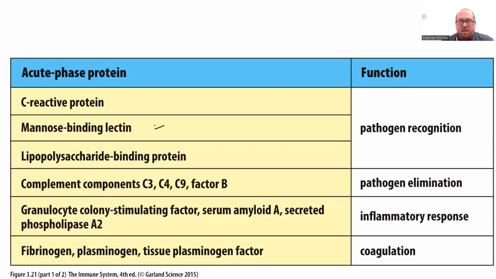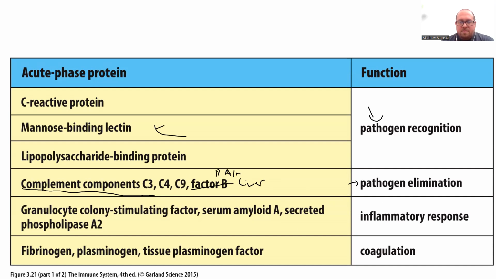C-reactive protein and mannose-binding lectin are really important for pathogen recognition. But again, the liver also produces complement components, which are really important for pathogen elimination, including factor B, which is really important for the alternative pathway for the activation of complement.